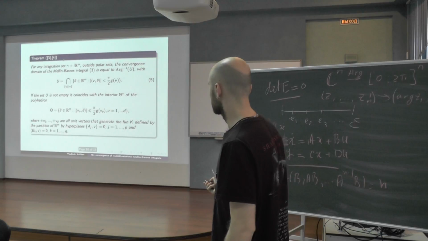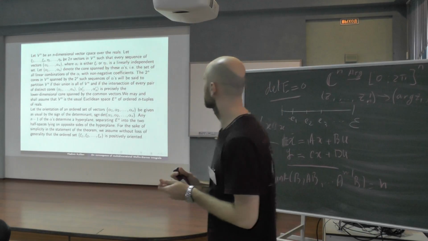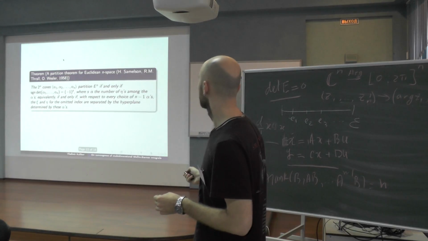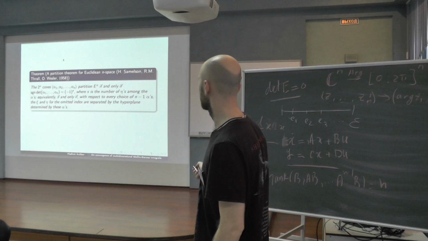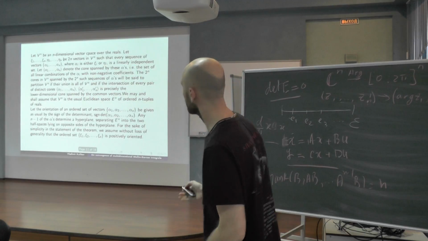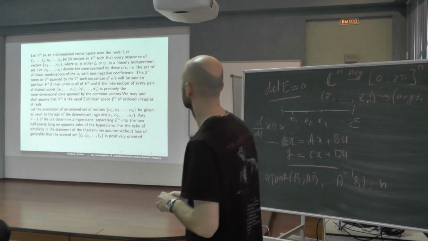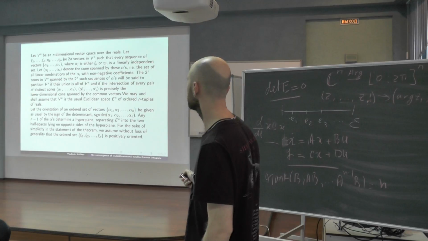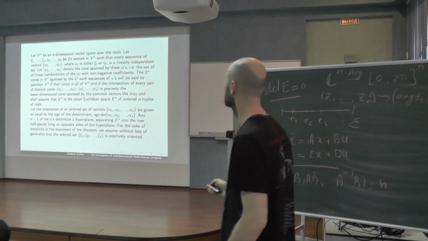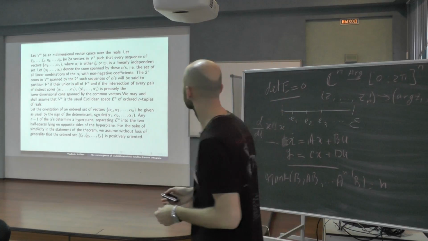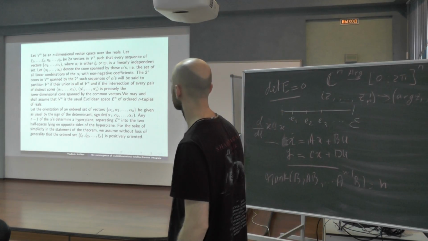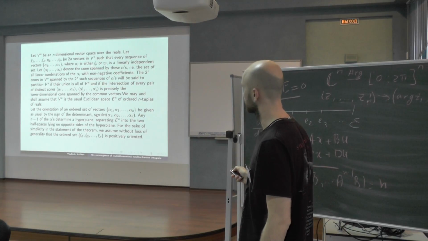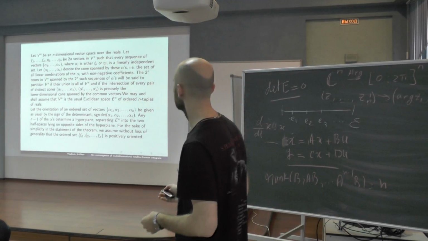And the second fact that we use is the theorem about a partition of Euclidean n-space. Let Vn be an n-dimensional vector space over the reals. Let psi1, ..., psi n, and eta1, ..., eta n be two sets of n vectors in Vn, such that every sequence of vectors alpha 1, ..., alpha n, where alpha i is psi i or eta i, is a linearly independent set.